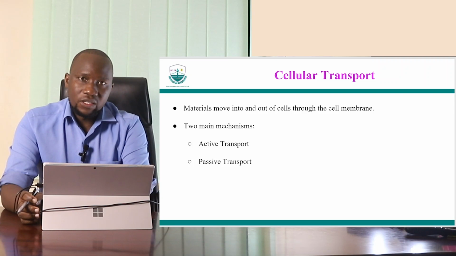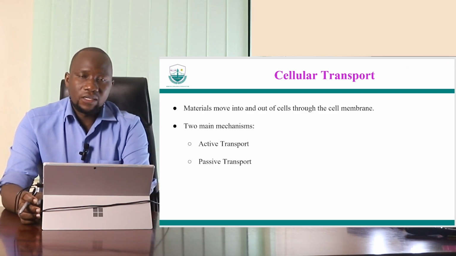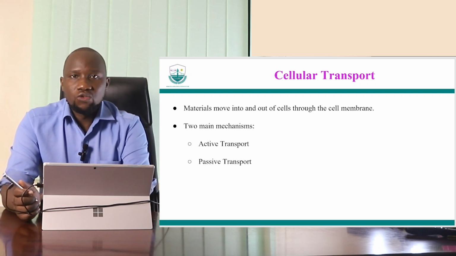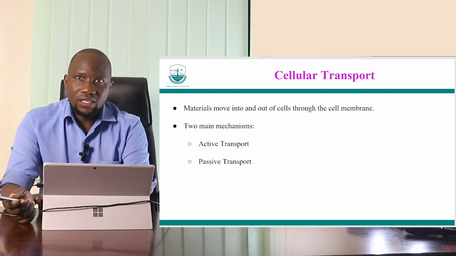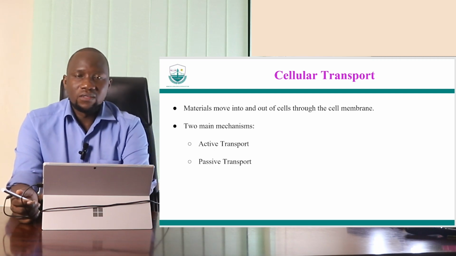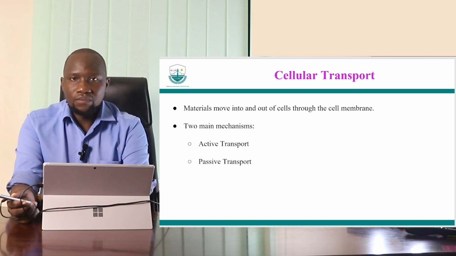So if you see something to do with movement in and out of a cell, this is what we refer to. If you see something to do with transport across cell membranes, this is the same thing that we talk about.